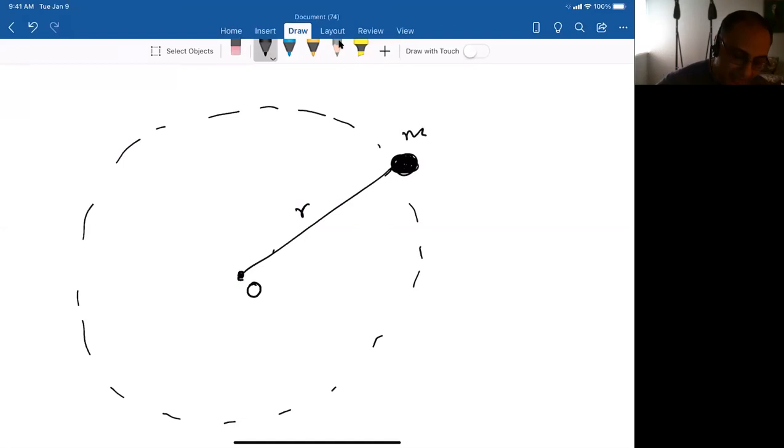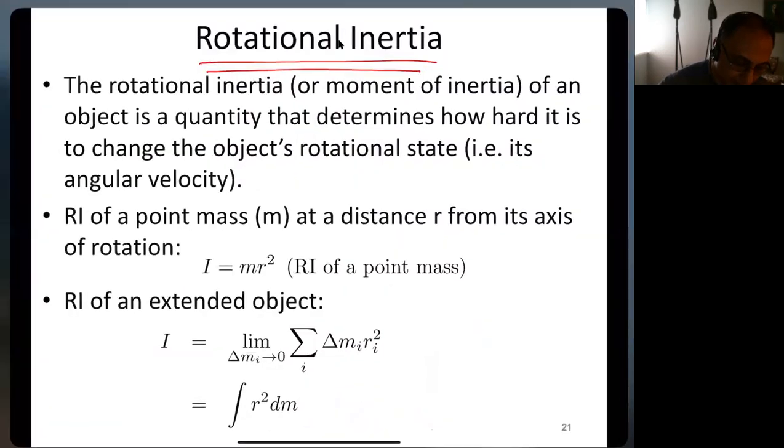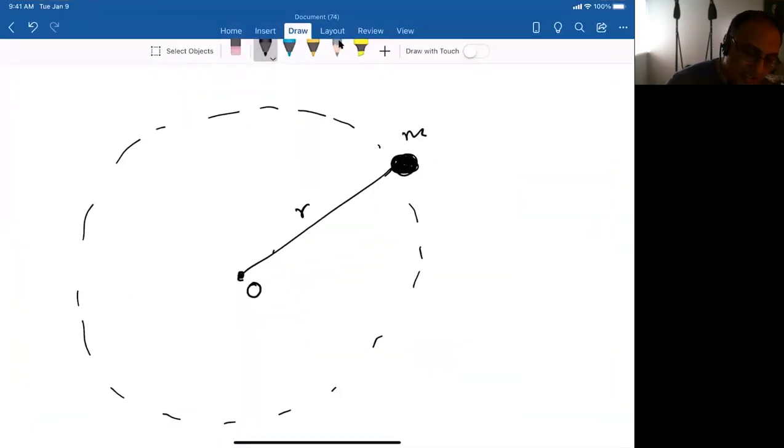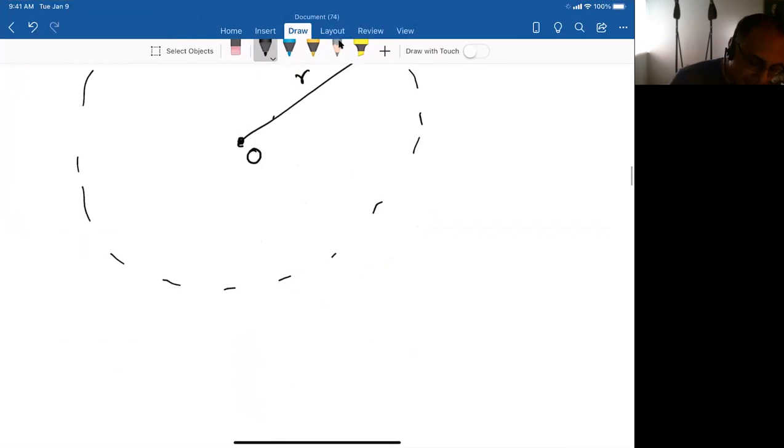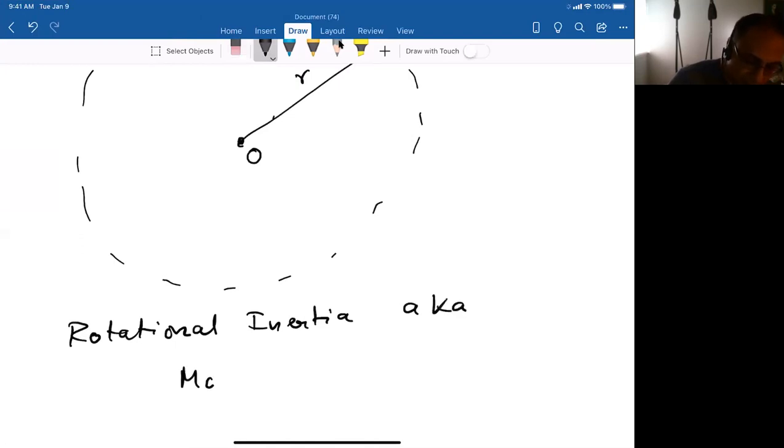So for a point mass, the symbol for rotational inertia is I. And by the way, rotational inertia is also called moment of inertia. I use both of these terms synonymously. You can call it whatever you like.